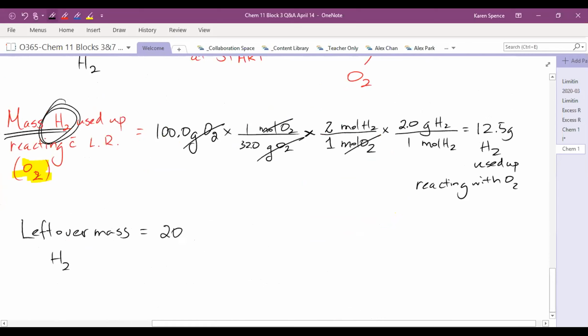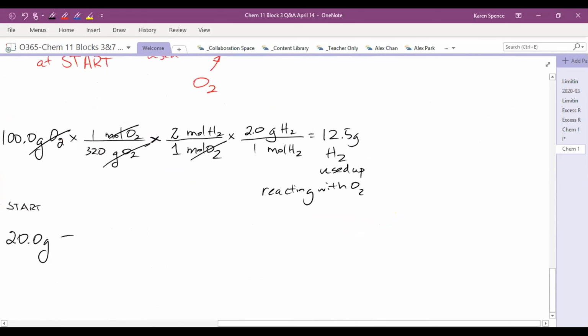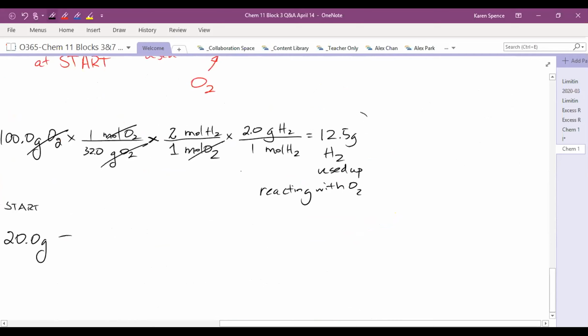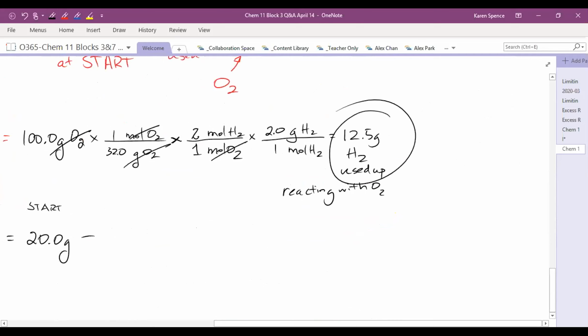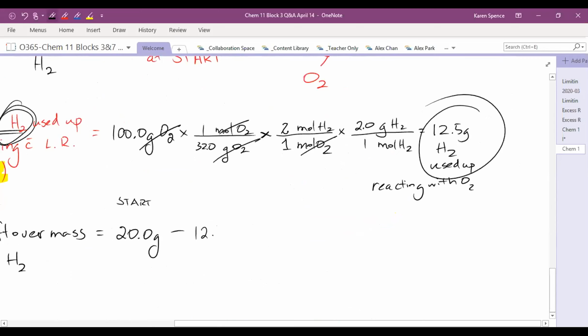How much did we use? We just calculated that. We used 12.5 grams to react with all our oxygen. And we get, so we have 20 minus 12.5 equals 7.5 grams.